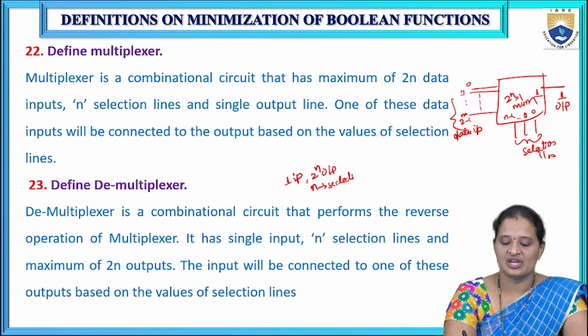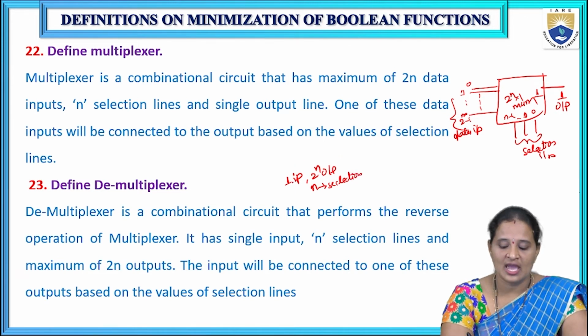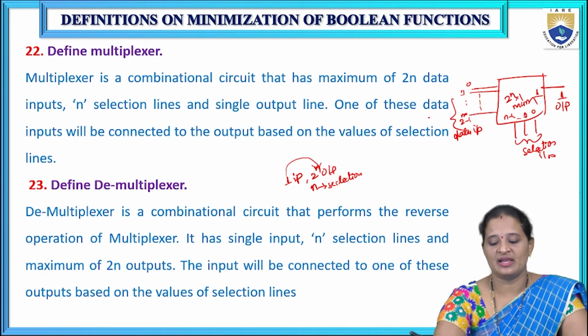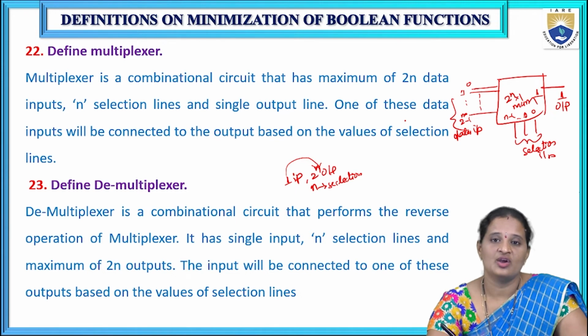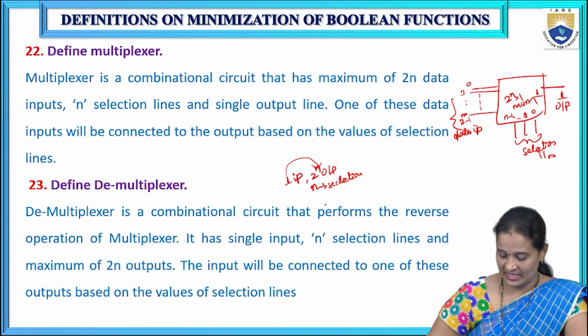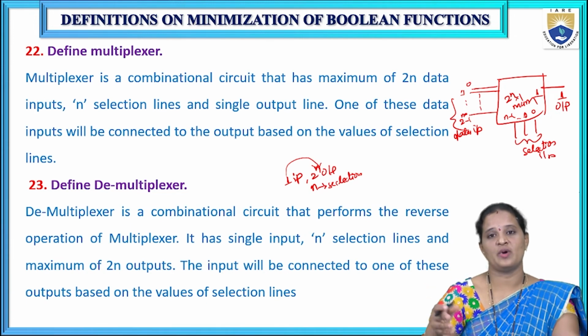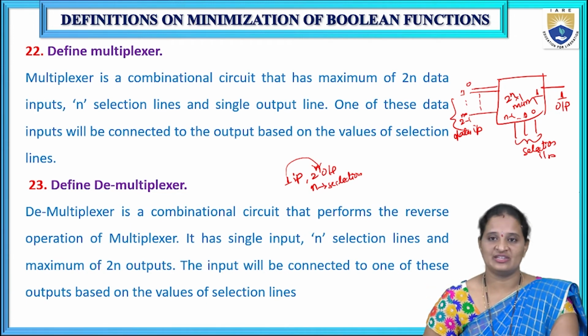The n selection lines are used to select any one of the 2^n output lines, and the input available on the single input will be sent to that particular selected output line. So this is the demultiplexer. A multiplexer is known as a data selector, whereas a demultiplexer is known as a data distributor. Why? Because it distributes the data among 2^n outputs or destinations.